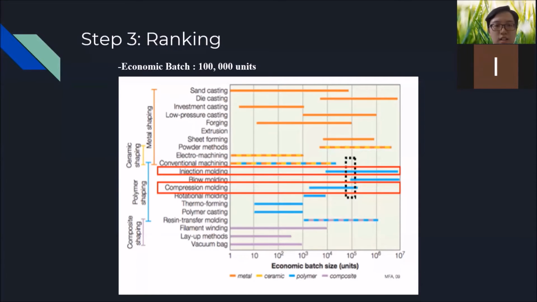Okay, next, step 3 is ranking the process. The economic batch size is 100,000 units. Injection molding and compression molding are still under consideration because the figure above shows that the economic batch size of injection molding is in the range of 100,000 units for manufacturing.